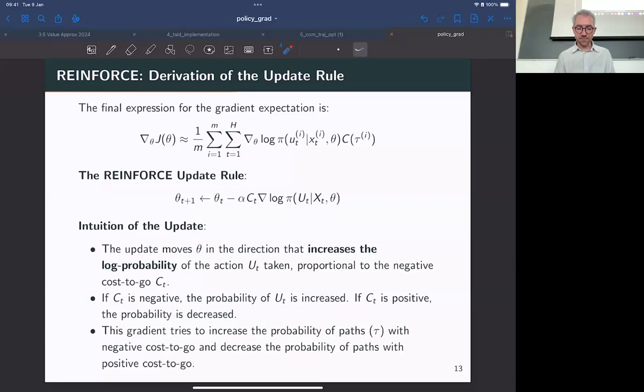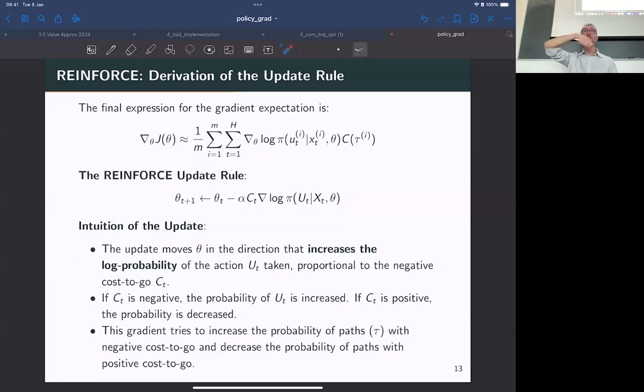So you could have a cost function, for instance, that is always positive, and this would still work. And the reason why this would still work is that you would have still small positive cost for good trajectories and high positive cost for bad trajectories. And this would result in trying to decrease the probability of all actions because the cost is always positive.